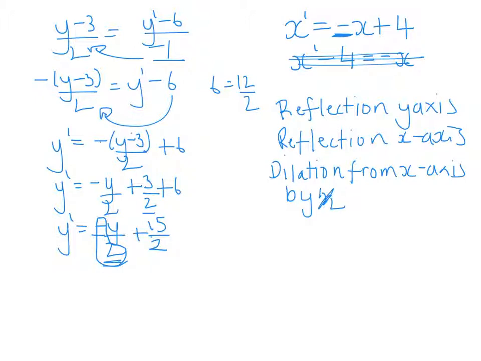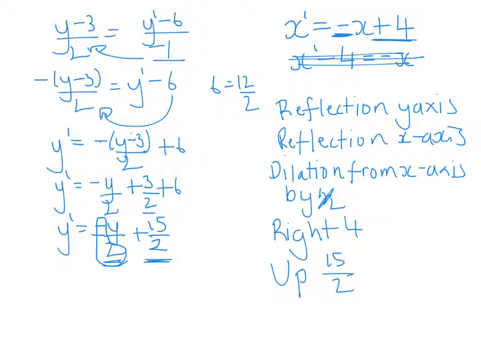This plus 4 means the graph will be moved across to the right 4, and this graph here will be moved up 15 over 2.